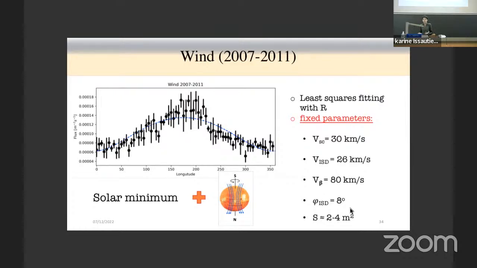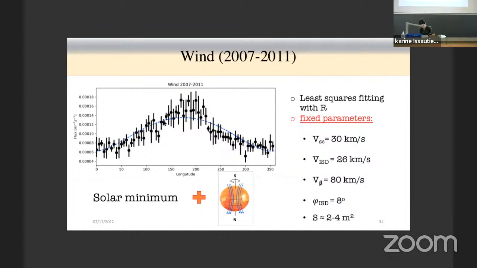And what we did, actually, we took the part when there is a solar minimum and where the solar magnetic lines are pointing southward. This is the period between 2007 and 2011. So this is the longitude, and this is the flux in per square meters per second.